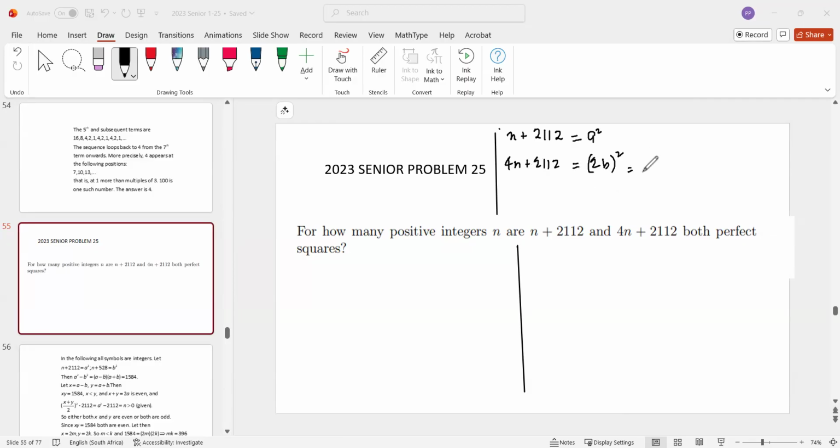Okay, let's make this thing 4b squared. So if you divide throughout by 4, you have n plus 528. If you divide this by 4, you get 528. Divide this by 4, you get b squared.